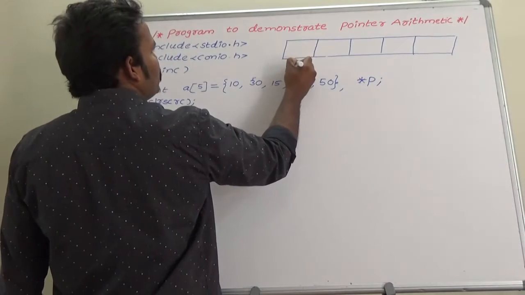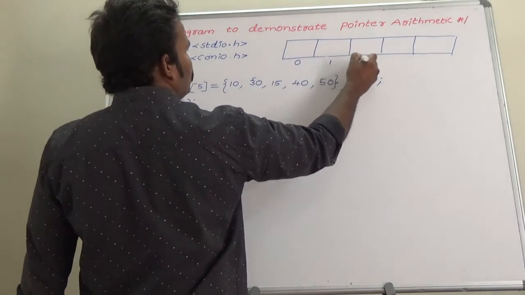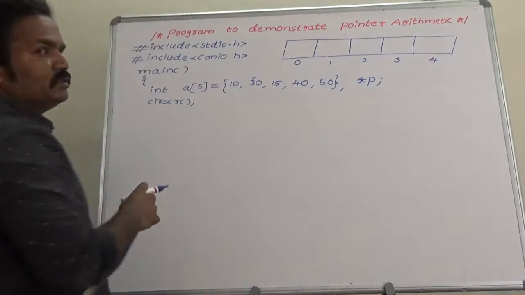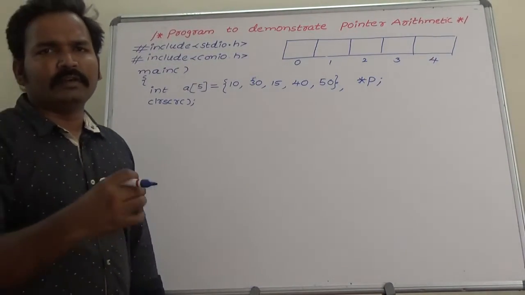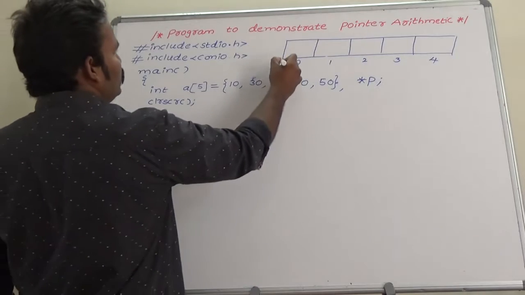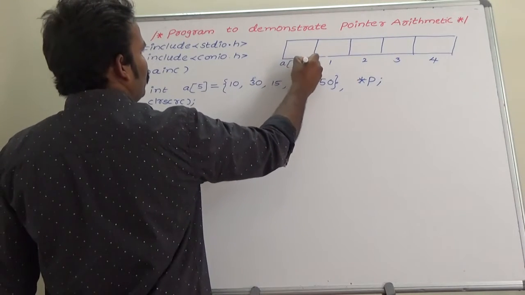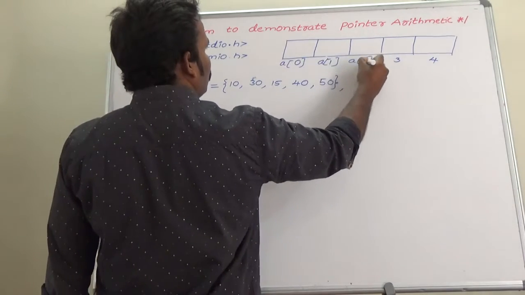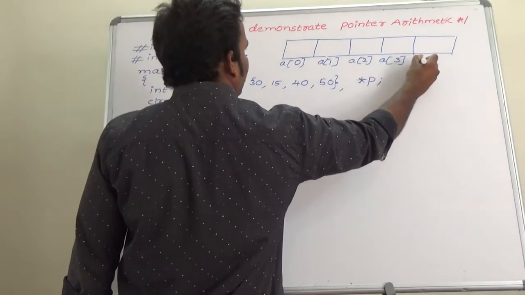Array indexing starts with 0 and ends with n minus 1, where n is the size. Size is 5, so 5 minus 1 is 4. The array elements are a of 0, a of 1, a of 2, a of 3 and a of 4.